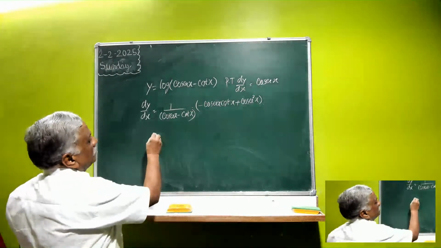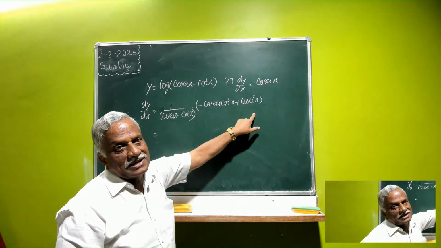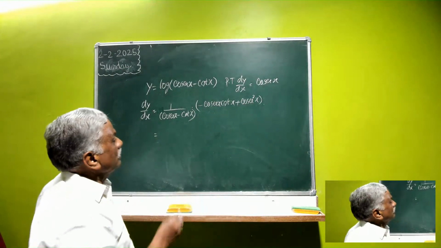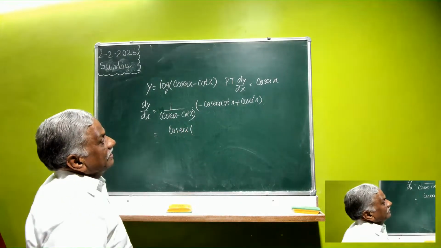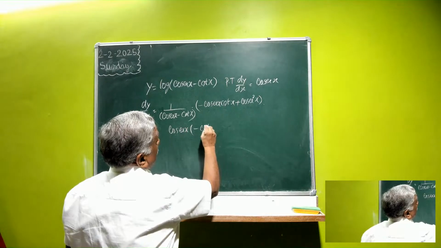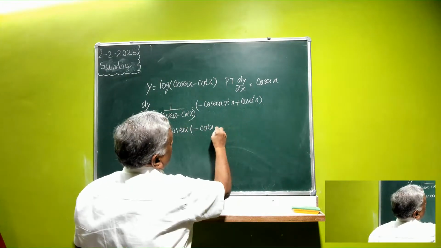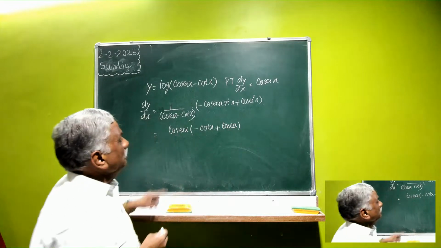So let me do some simplification. You have got cosecant x cot x and you have got cosecant square x. So you can take cosecant x common. When I take cosecant x common, I get minus cot x here, and I am left with cosecant x. If you want, you can check back.